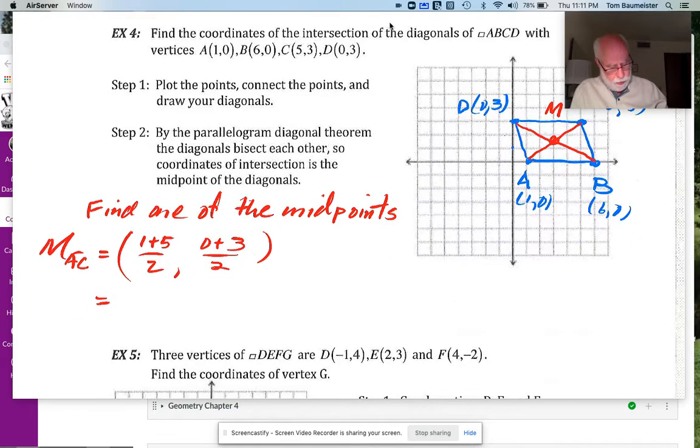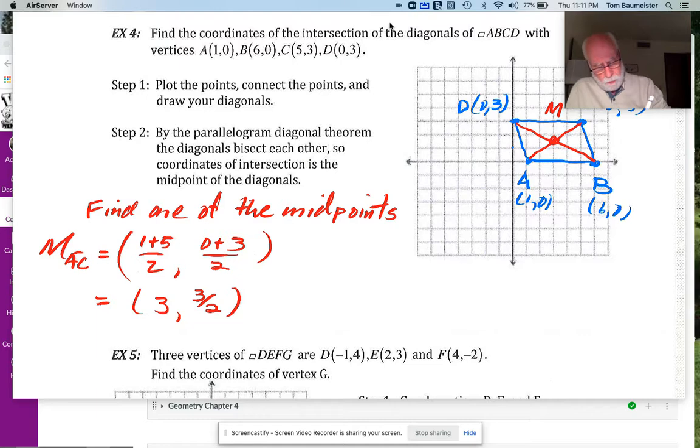And if we work that out, 1 plus 5 is 6, 6 divided by 2 is 3, and 0 plus 3 is 3. And again, we're going to have to find out which way the Big Ideas platform likes. I keep telling you to just leave it as a fraction. I'm sure if you put it as 1.5, they'd probably be okay with it too.